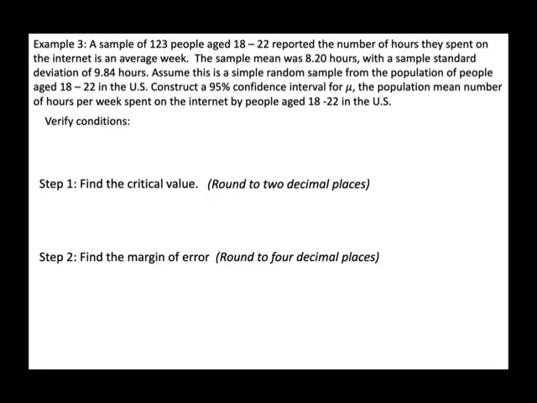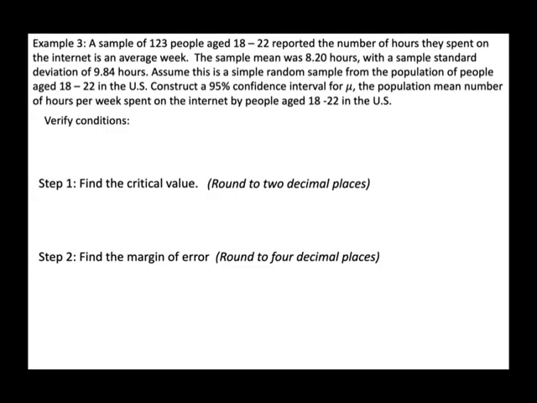Okay, and assume this is a simple random sample from the population of people aged 18 to 22 in the United States. Construct a 95% confidence interval for the population mean number of hours per week spent on the internet by people aged 18 to 22 in the United States.